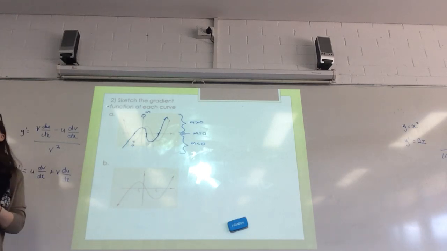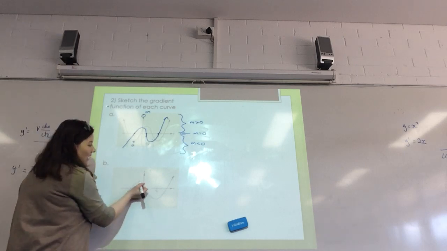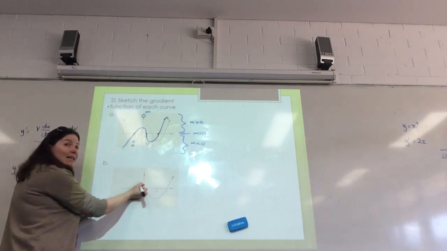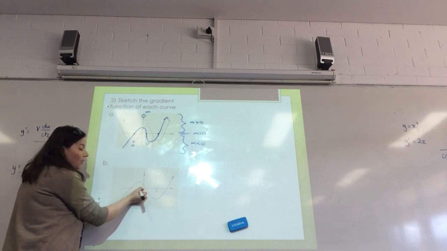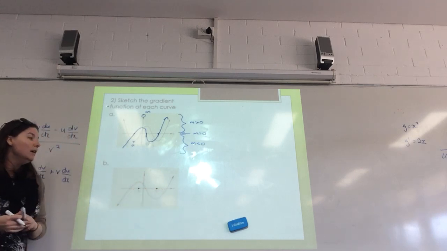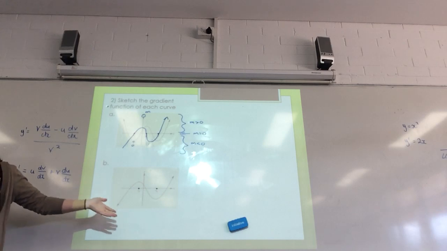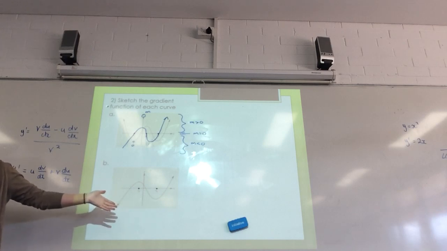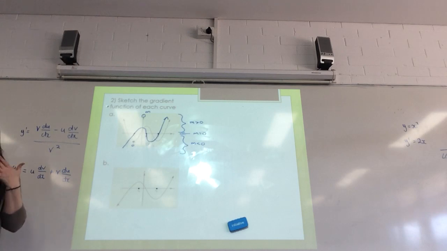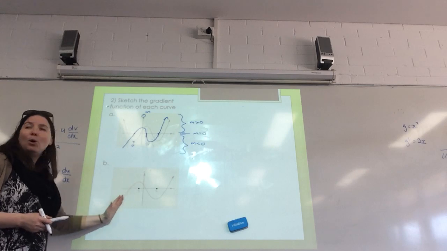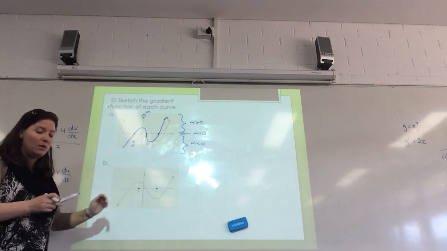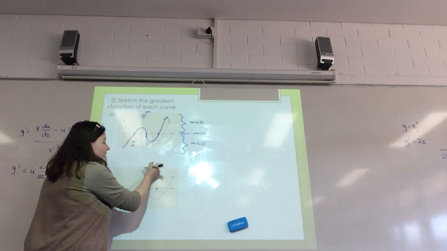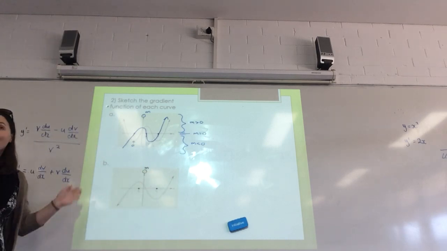So I would identify the turning points to start with. This would be my first step. This is a turning point. The gradient is 0. I know now that this is going to look like a parabola. My question is, is it a concave up or concave down parabola? I look over here and I see I have a positive gradient because it's going uphill. Remember, this is where my gradient axis is on my gradient curve.